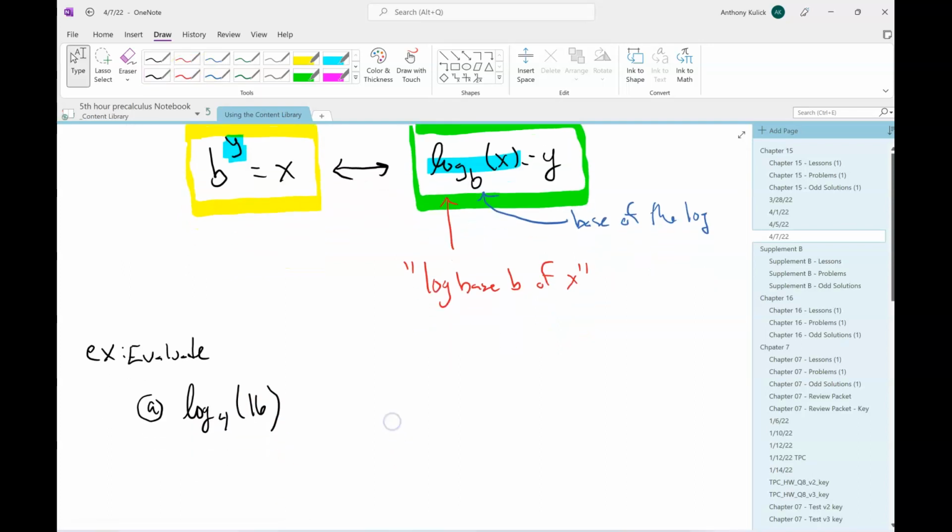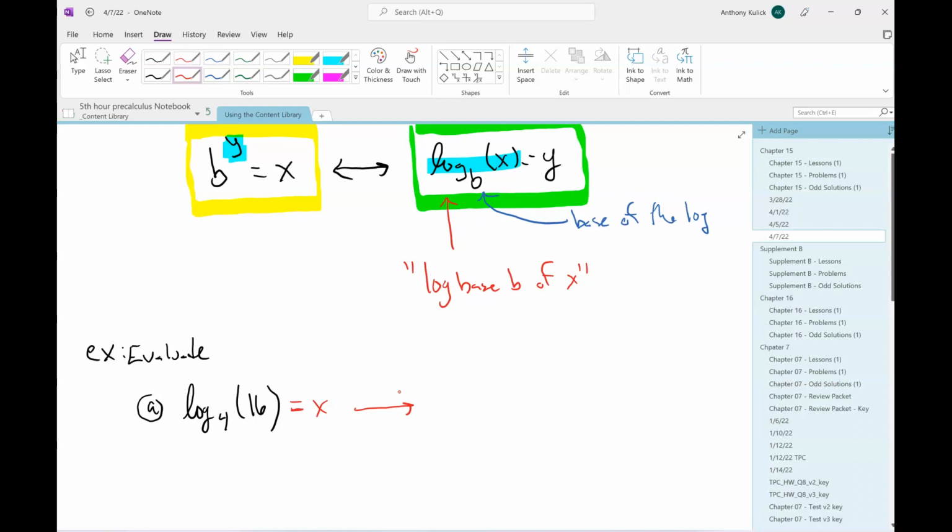Let's say we have log base 4 of 16. First thing I'm going to do is say, okay, let's say that the answer to that is x. Now I'm going to use the definition above to rewrite this logarithmic equation as an exponential equation.